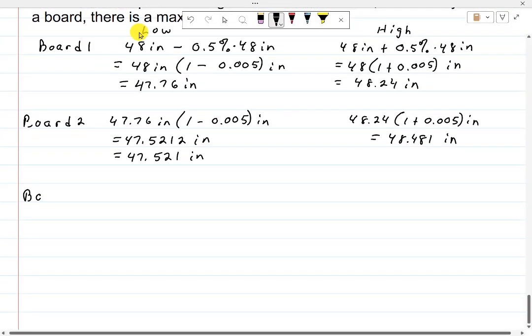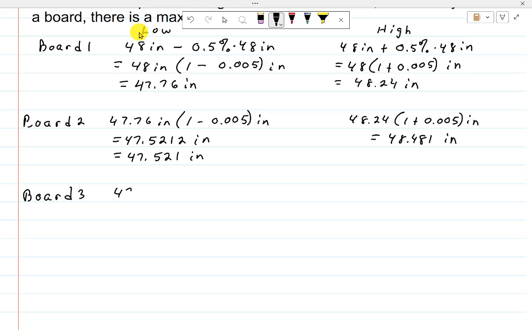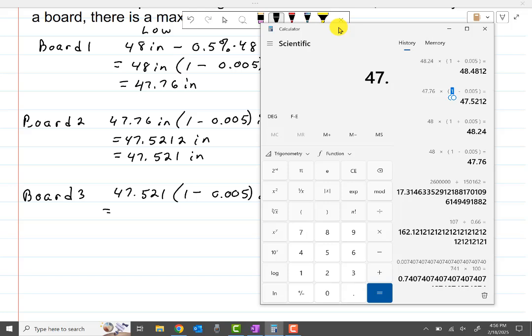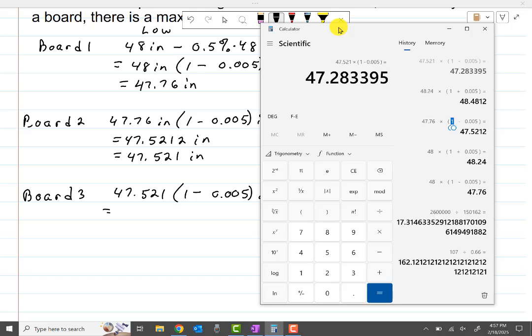Do it again. I'm going to take my 47.521 times 1 minus 0.005 inches. And for my large, I'll get 48.481 times 1 plus 0.005. 47.521, start my parenthesis, 1 minus 0.005, finish the parentheses.